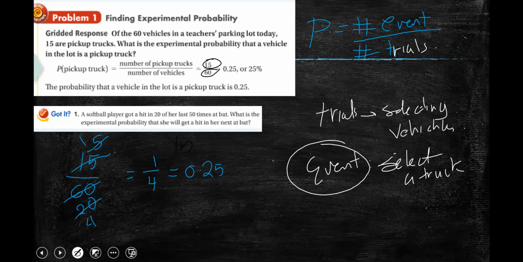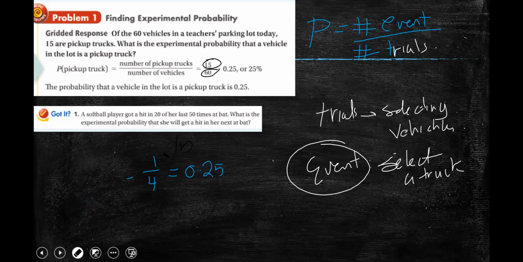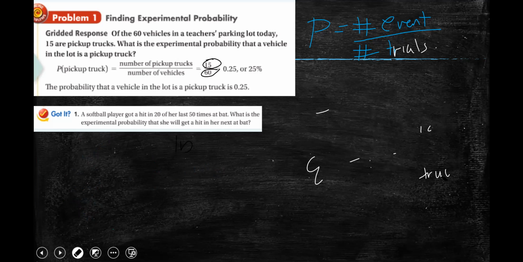Now, let's have another example. A softball player got a hit in 20 of her last 50 times at bat. What is the experimental probability that she will get a hit in her next at bat?